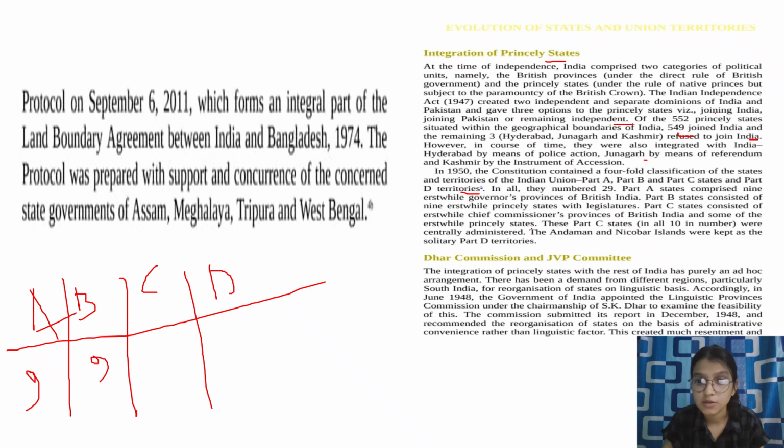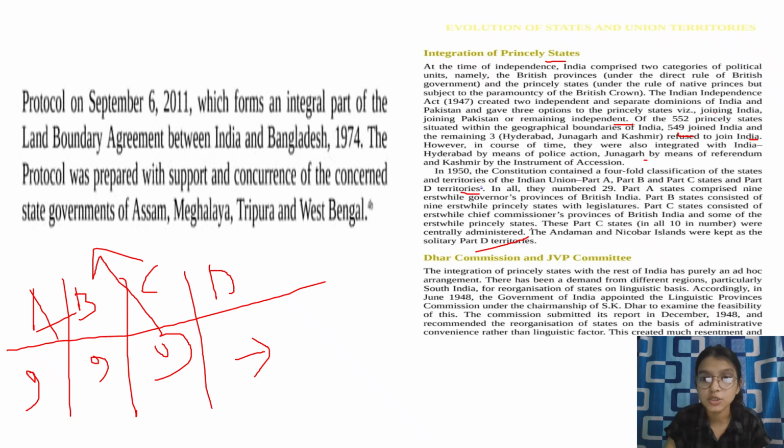These Part C states, 10 in number, were centrally administered by the central government. And in Part D, the Andaman and Nicobar Islands were kept as the solitary territory.